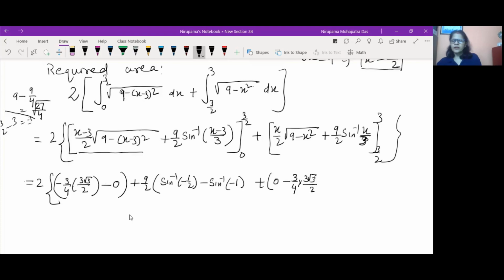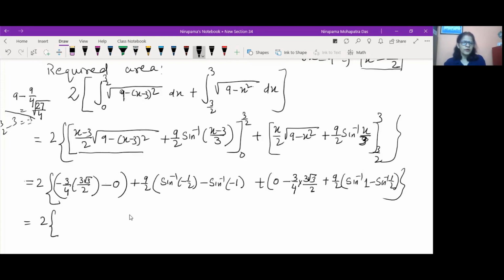Okay, now plus 9 by 2, sine inverse 1 minus sine inverse 3 by 2 by 3, that is 1 by 2. Okay, so that calculation part you can do as per your convenience. So here you see you are getting what?